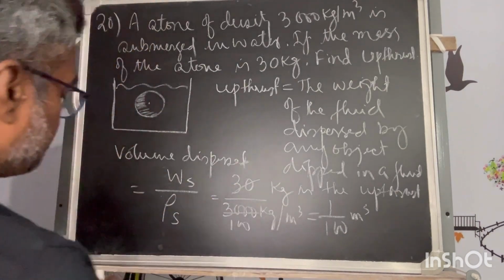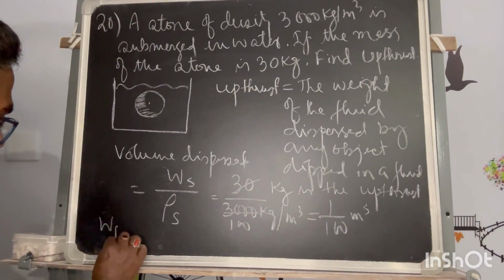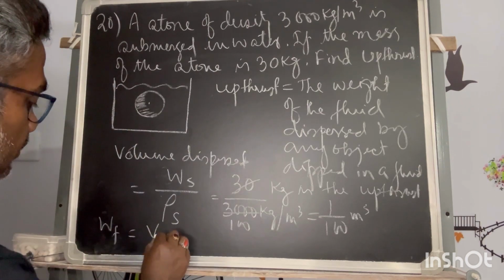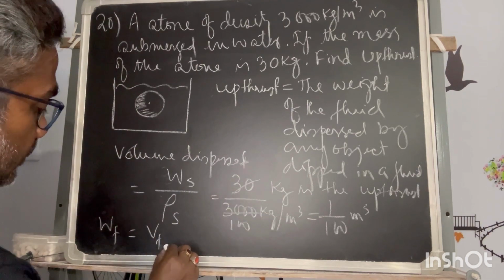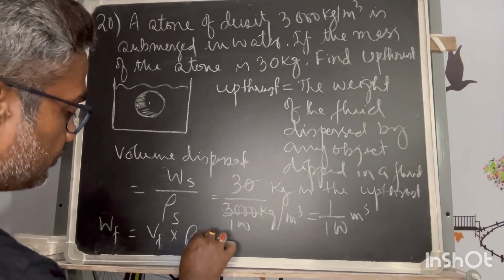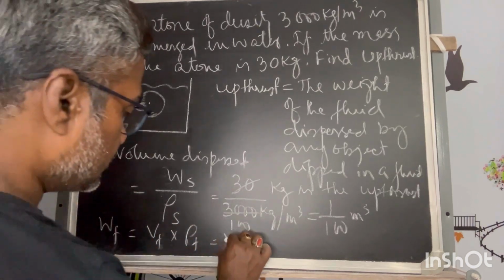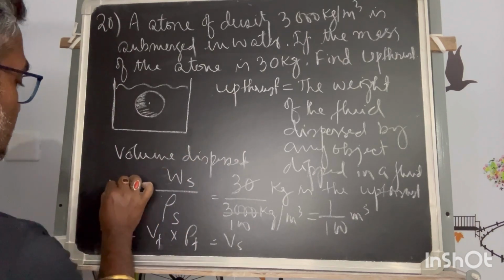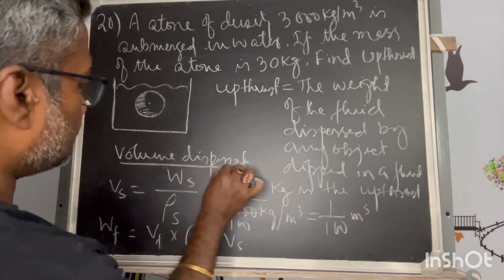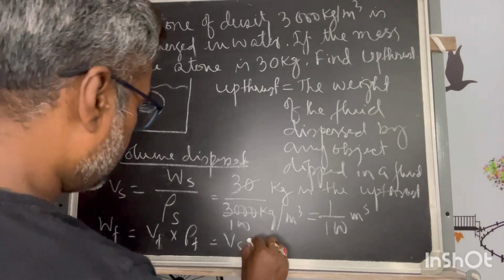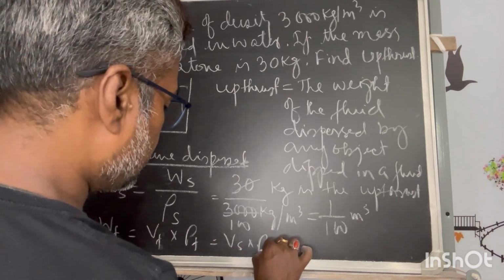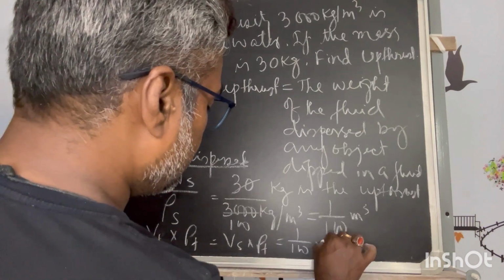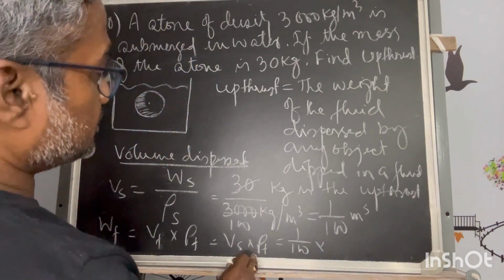The liquid displaced. So what is the weight of the fluid? In this case, it is water. This is nothing but the volume of the fluid into the density of the fluid. Now the volume of the fluid is equal to the volume of the solid. This is equivalent to the volume displaced, the volume of the solid, into rho F. The volume of the solid is 1 by 100, into the density of the fluid.